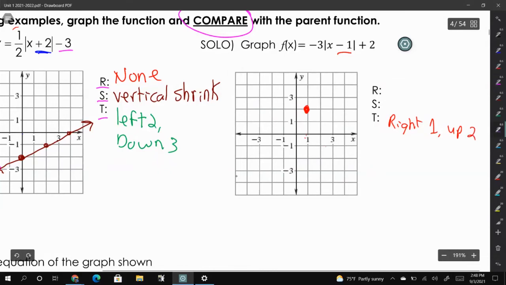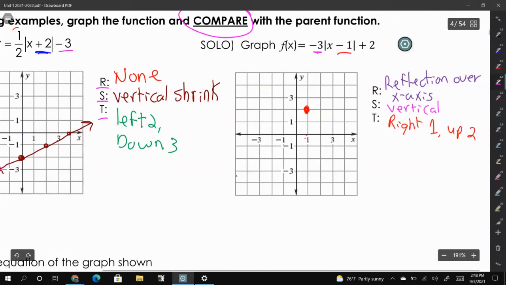We have a negative in front, so that means we are going to have a reflection over the x-axis. And then when it comes to shrink or stretch, that 3 means we're going to have a vertical stretch.